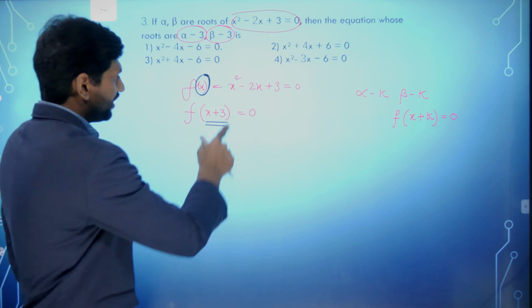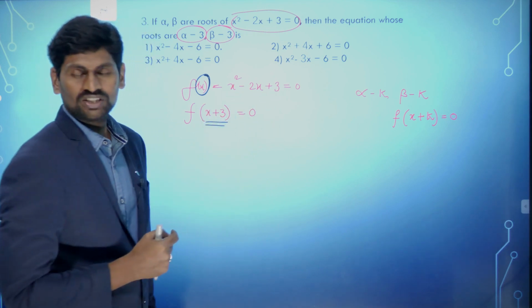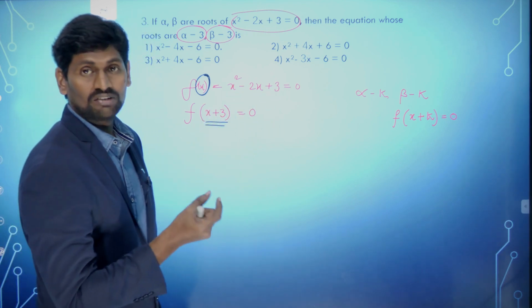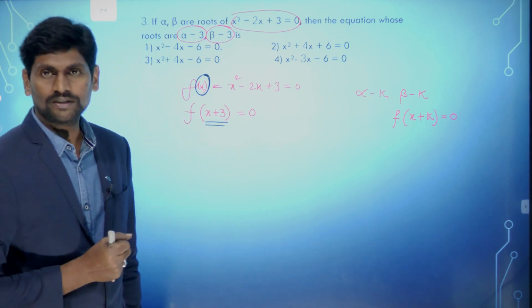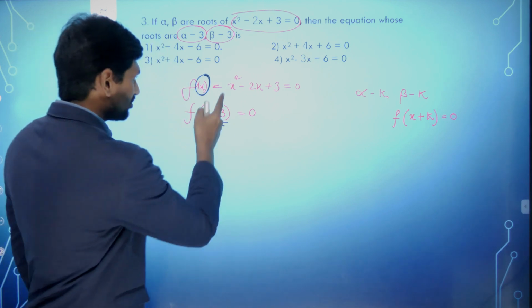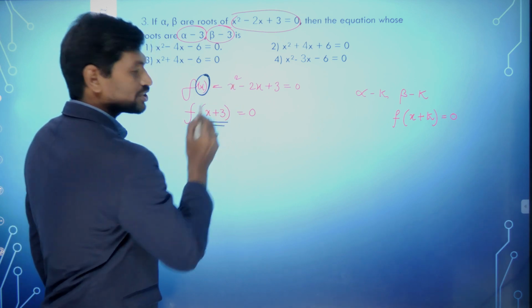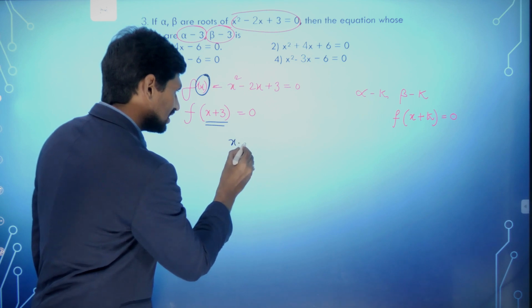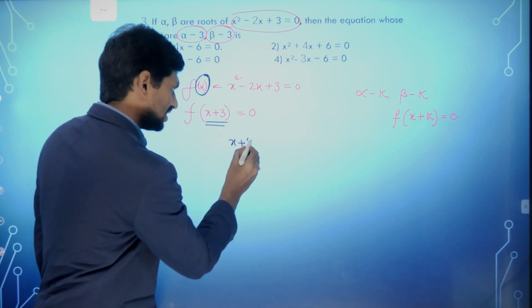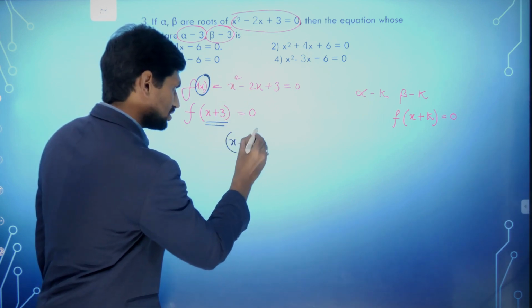That means, whenever you see the quadratic equation with the variable x, we have to substitute x plus 3. Now check, what is f of x? X square. That means f of x plus 3 is, in the place of x square, you should write x plus 3 whole square.